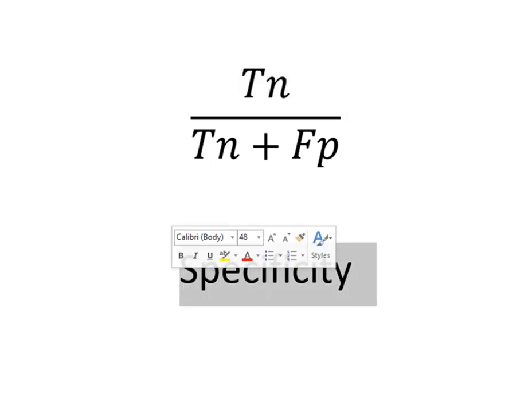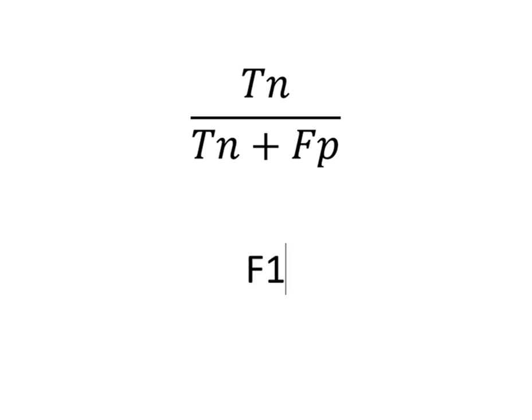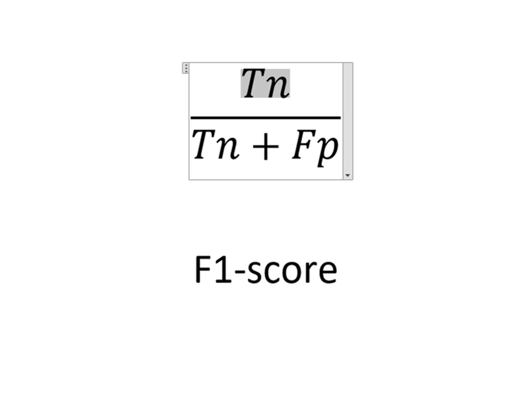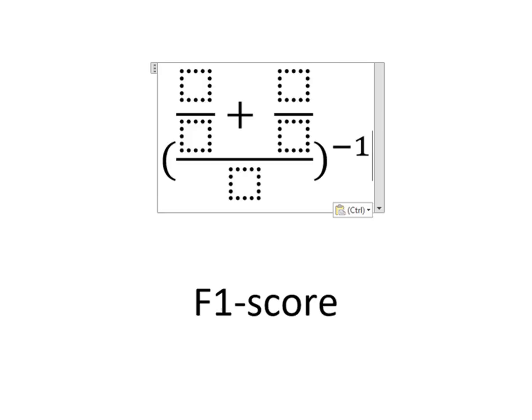Lastly, there's F1 score. So F1 score is the harmonic mean of precision and recall. So basically, on the top of it is 1 by R plus 1 by P. So the harmonic mean would look kind of like this.